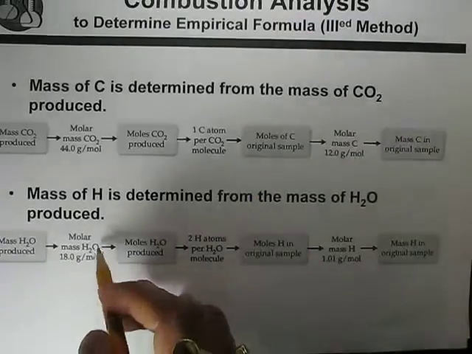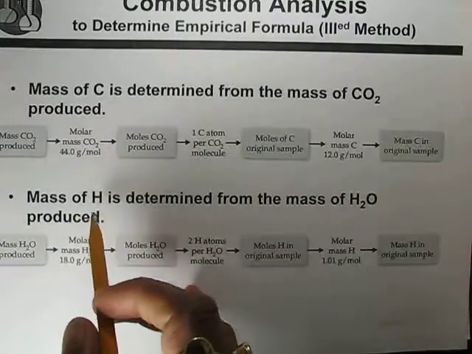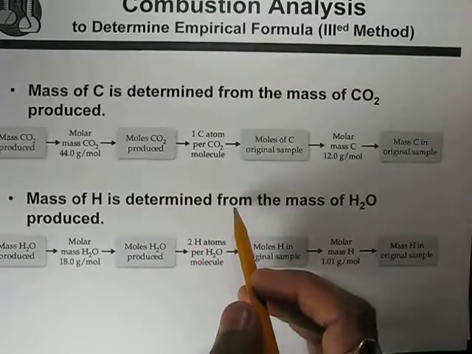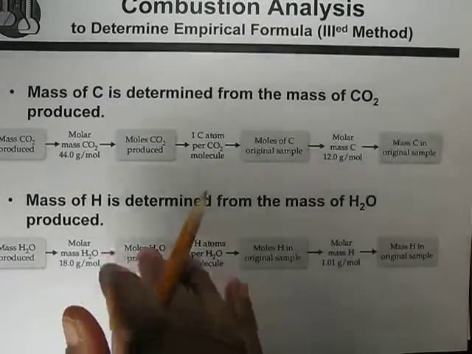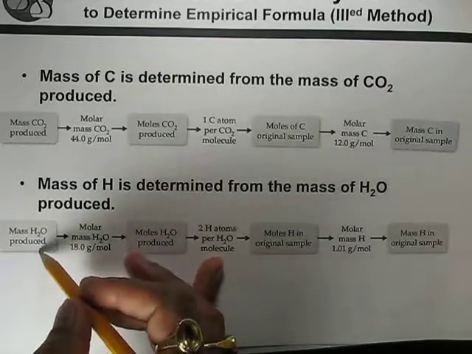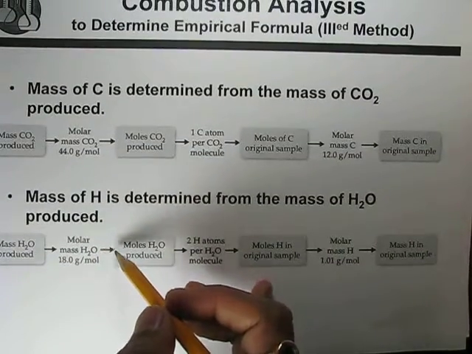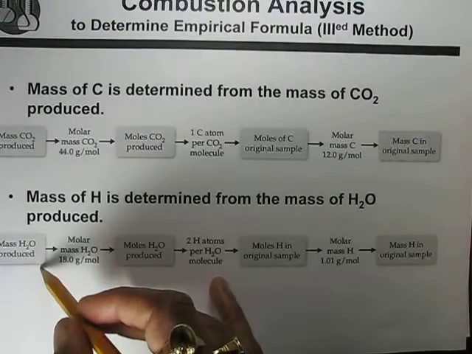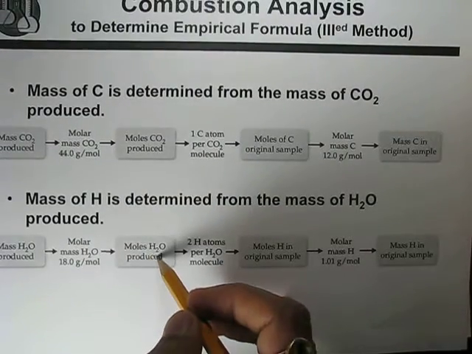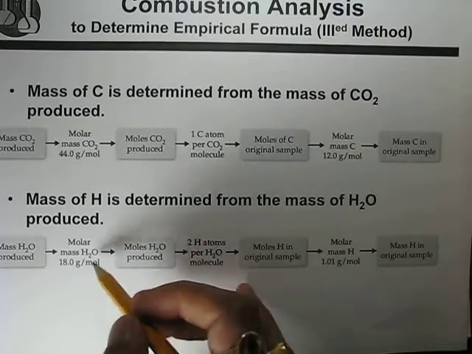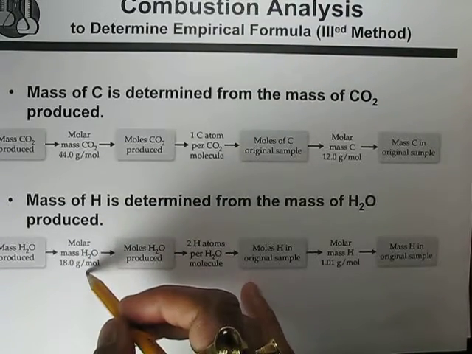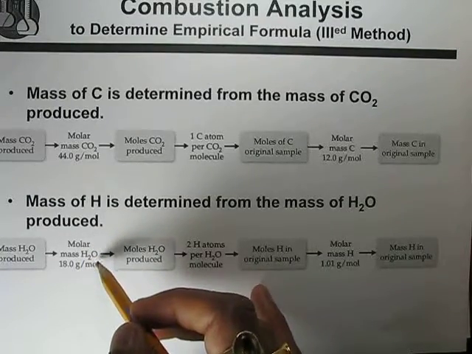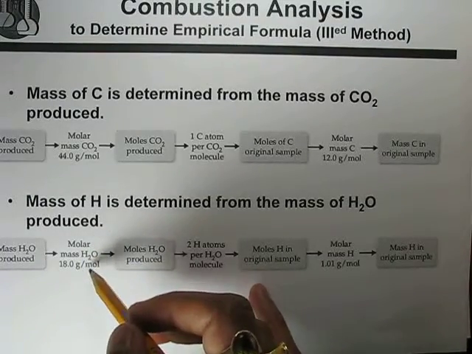In the same way, this is the pathway for determining the mass of hydrogen from the mass of water produced. If the mass of water produced is x gram, then using that mass we convert into moles of water using the molar mass of water, 18.0 gram per mole.